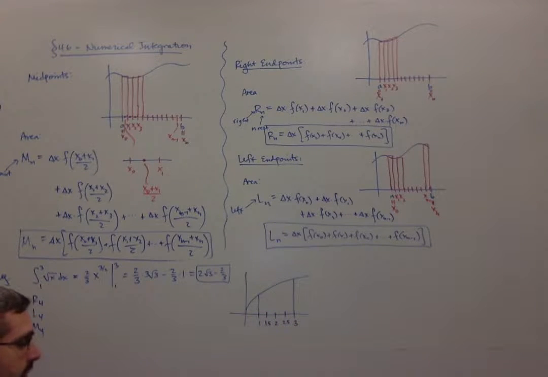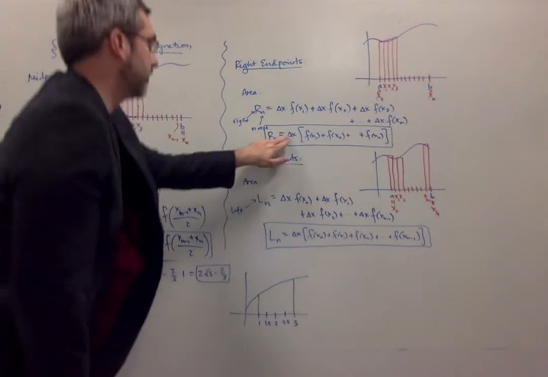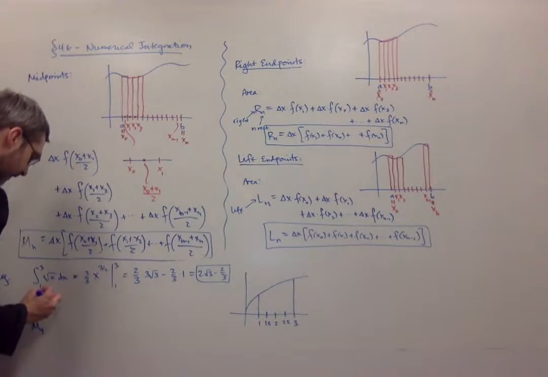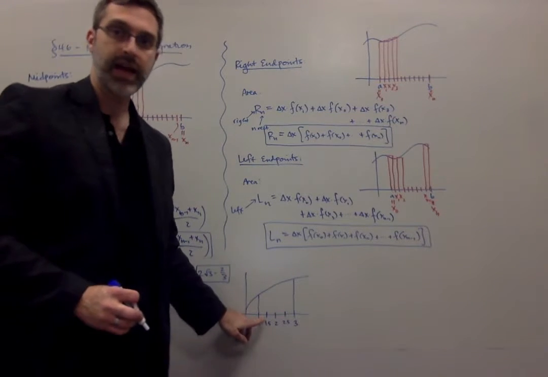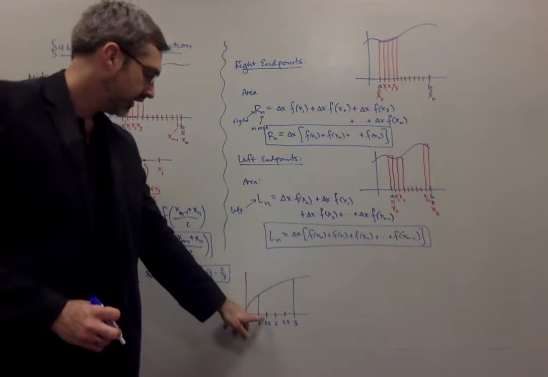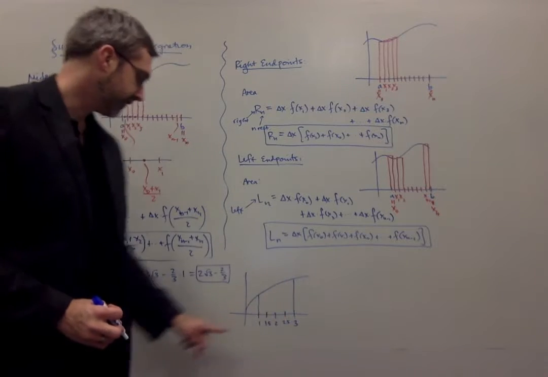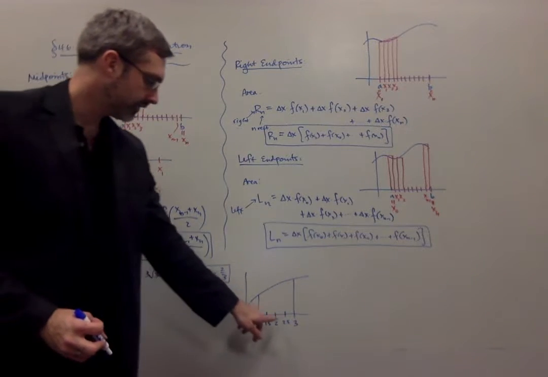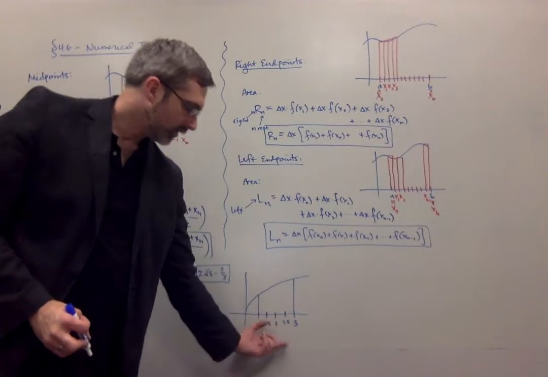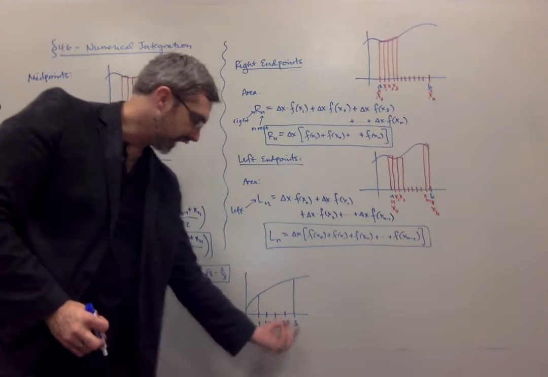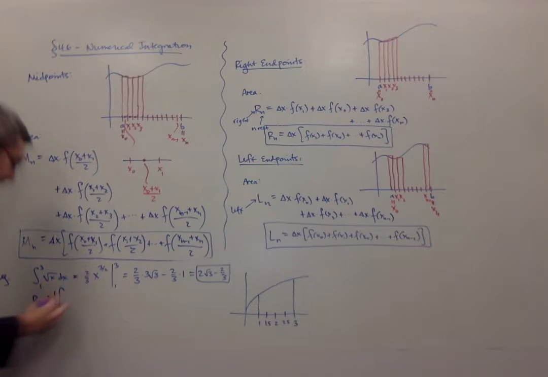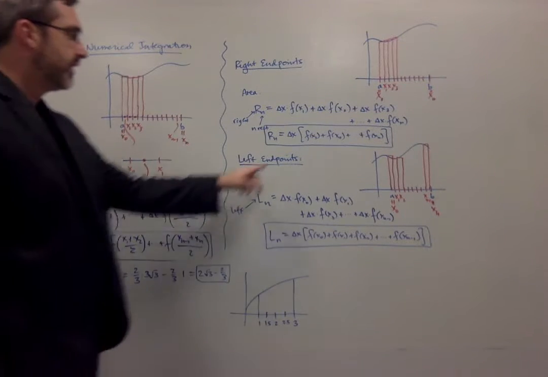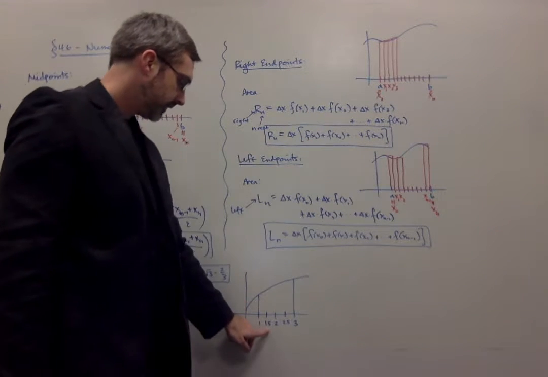For the right endpoints, according to this formula, I'm supposed to take the width of each rectangle, which is just 1/2. The R4 means there's 4 intervals. Overall, it was 2 wide, so each one's going to be 1/2 wide. So it's going to be 1/2 times f of x1.